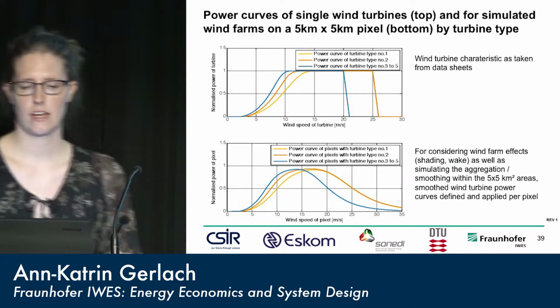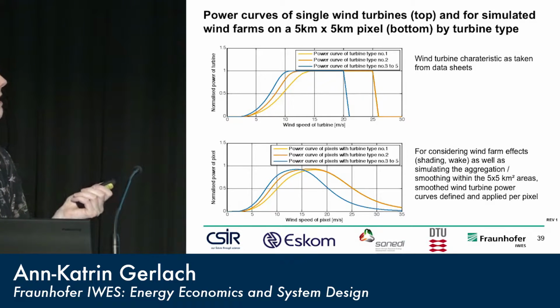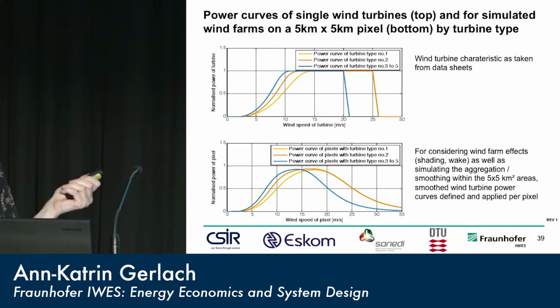What you can see here are the power curves of the 3 different turbine types, and you see that the turbine for the higher wind speeds starts at higher wind speeds going up, and those turbines for the lower wind speed reach their height level already at smaller wind speed.